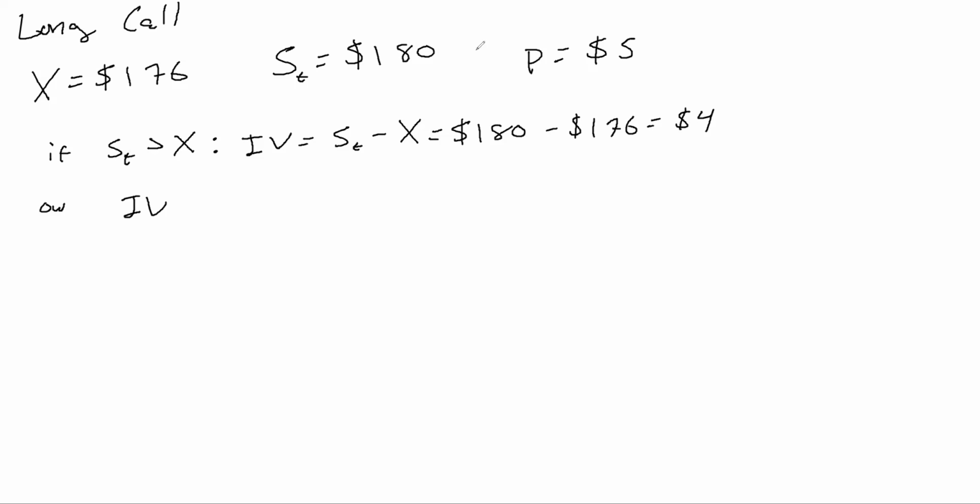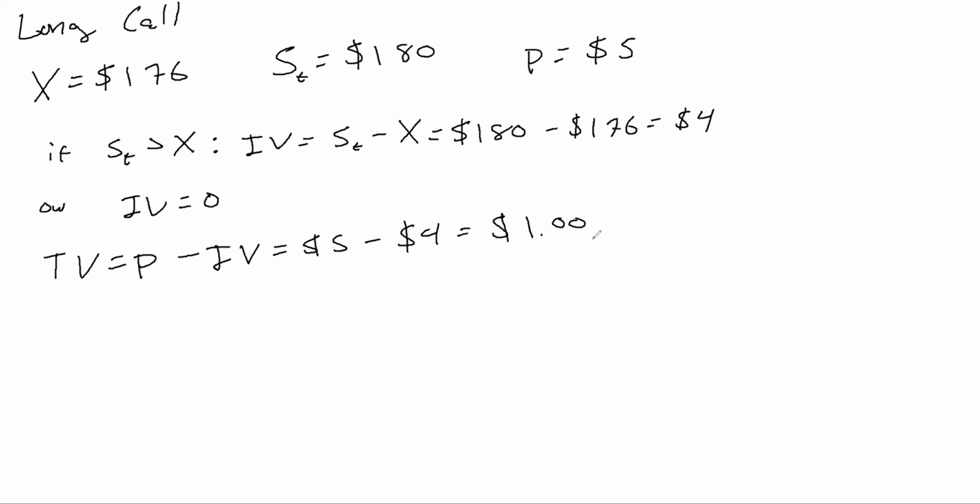And the time value of the option is going to be the premium minus the intrinsic value. So the time value would be $5 minus $4, which would be $1. So our intrinsic value is $4, and our time value is $1.